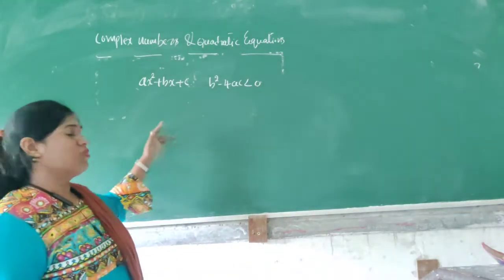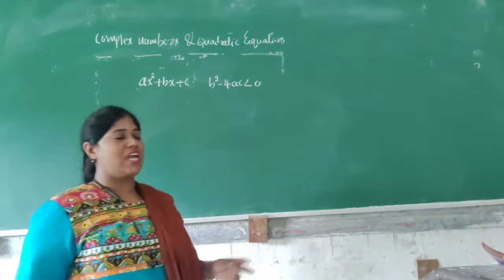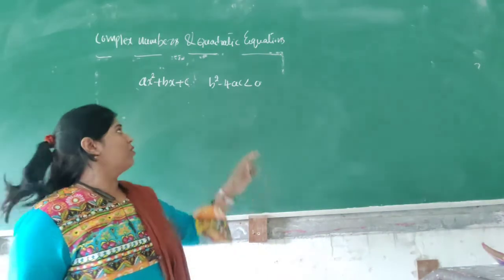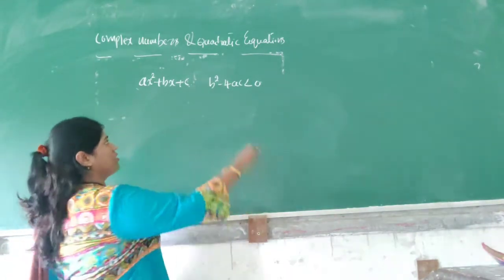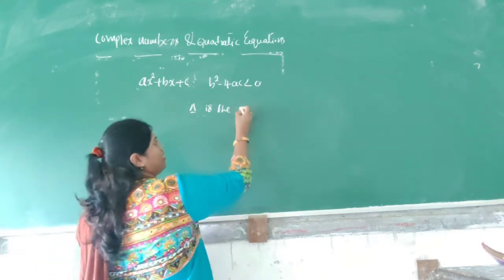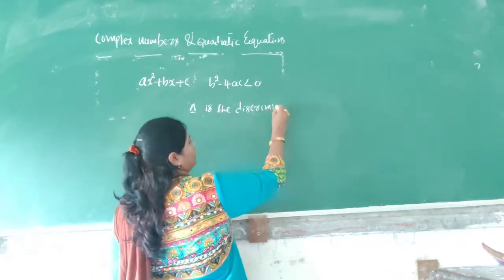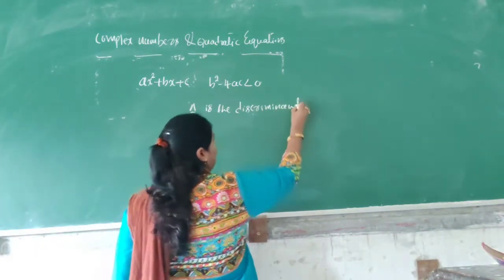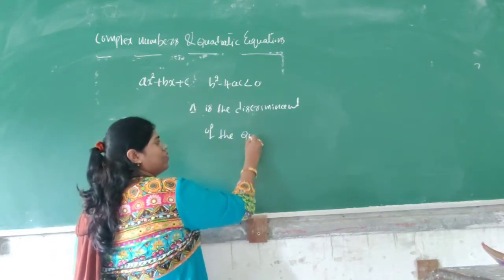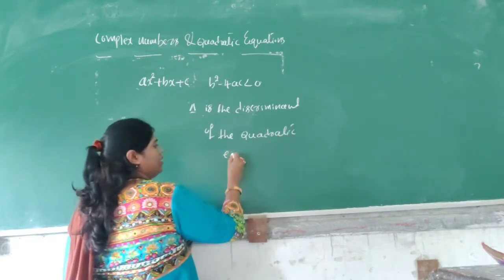In the real number system, it is not sufficient to solve such a quadratic equation, where this one is called delta. Delta is the discriminant of the quadratic equation.